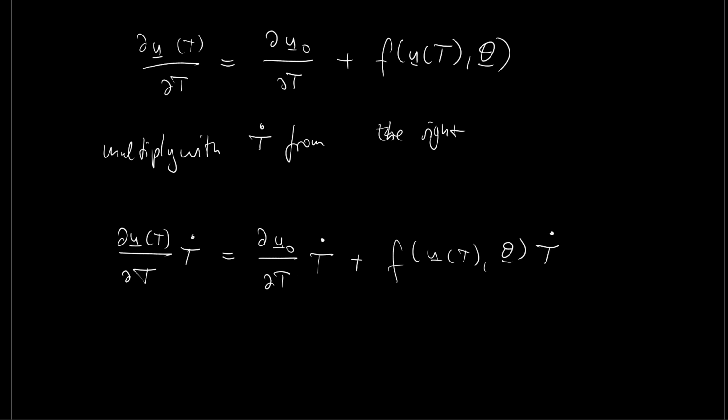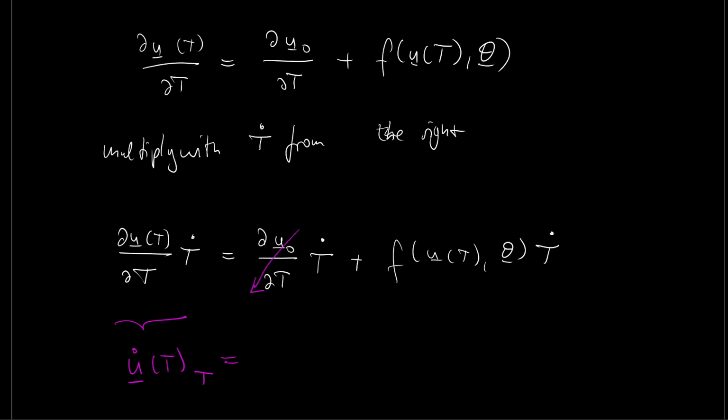Okay, then let's again look at that expression, and on the left we find again the quantity we are interested in. So this is u dot at capital T, the contribution from capital T, and here we see the derivative of the initial condition with respect to the final time. So how does the initial condition depend on the final time? They do not depend on each other.